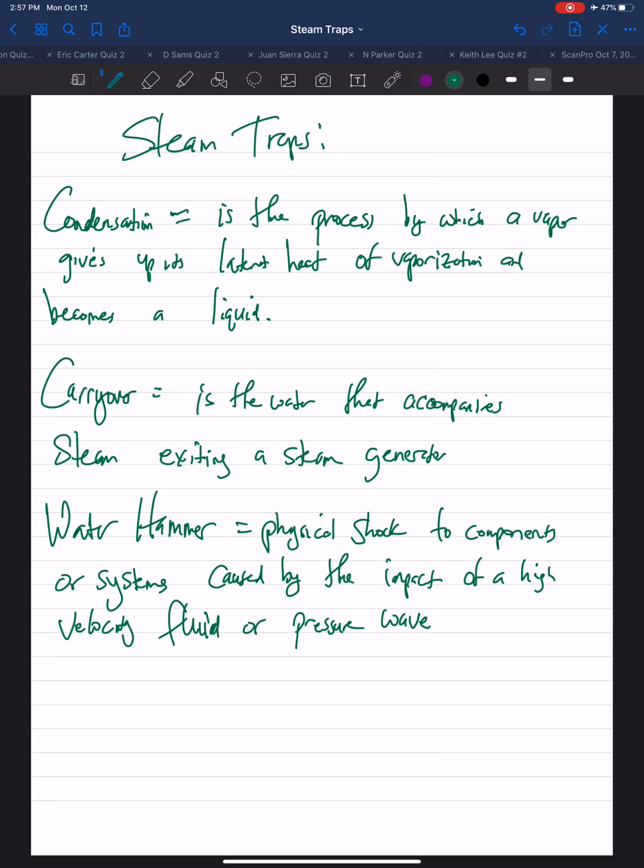Water hammer is usually accompanied by loud noises such as banging.